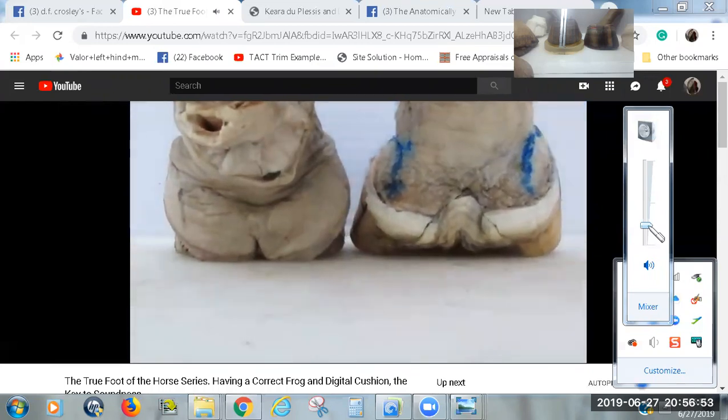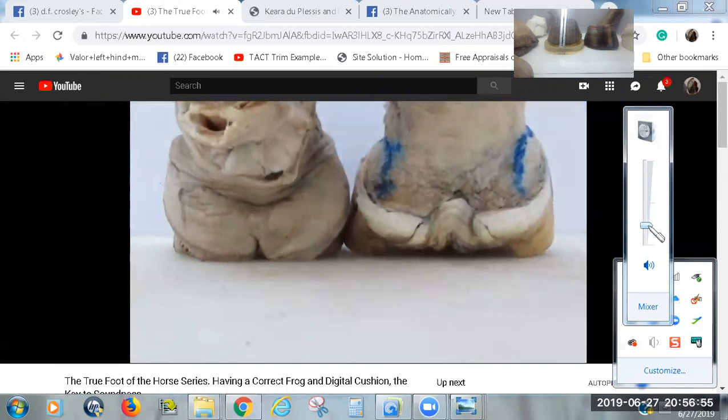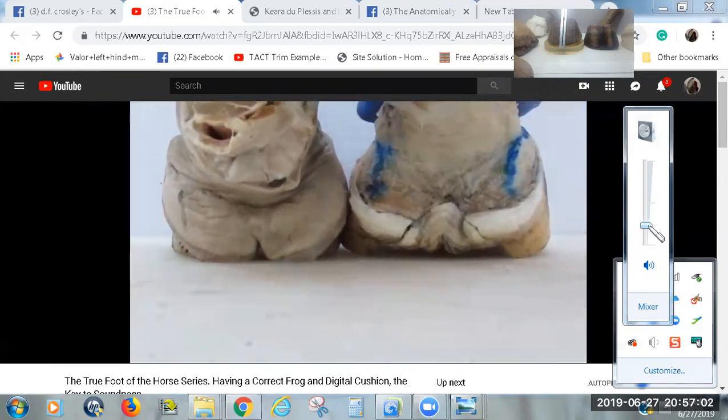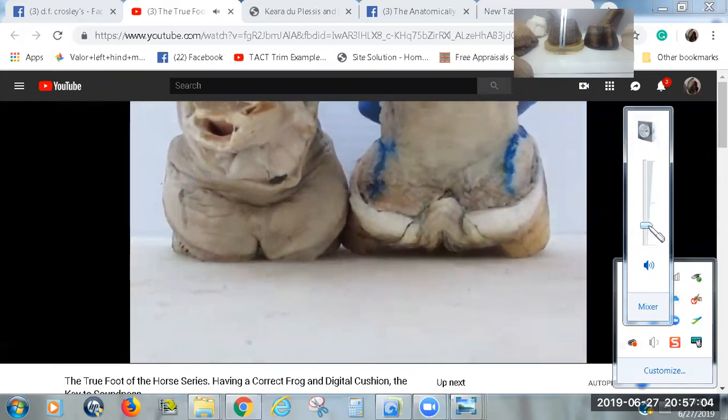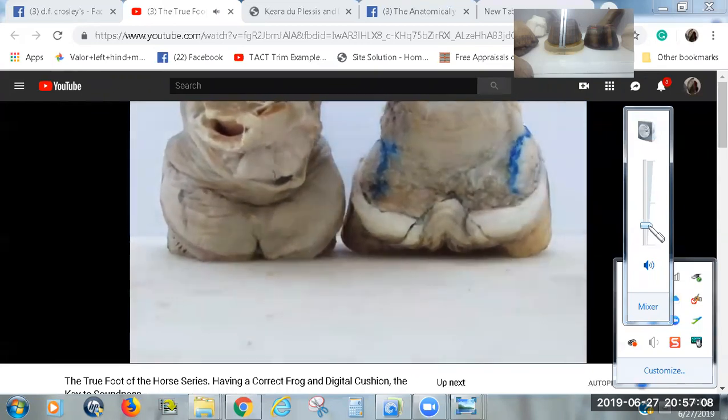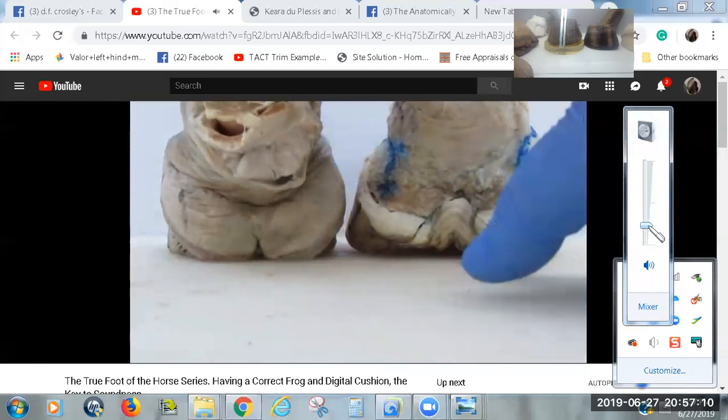I'm all by myself here, finding it hard to demonstrate, but you get the idea. See the frog stay move down and push the ground? And as it does that, it pushes these bulbs apart too.